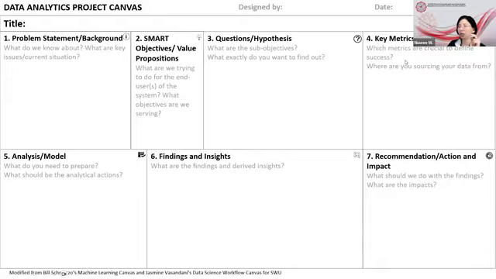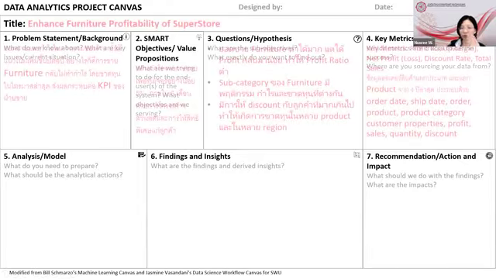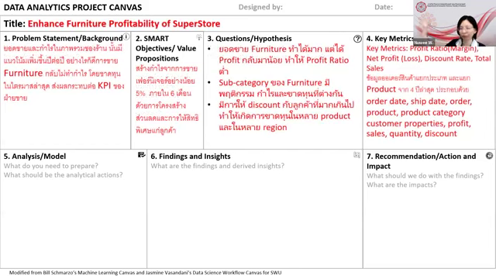Then you need key metrics and attributes. So we already have four of them. Let's say I choose one from the Gen AI and write things down here. You can choose to do it in Thai or English, it's fine. I come up with this SMART objective and this question, and when I map to key metrics, I got profit margin, net profit, discount rate, total sales.